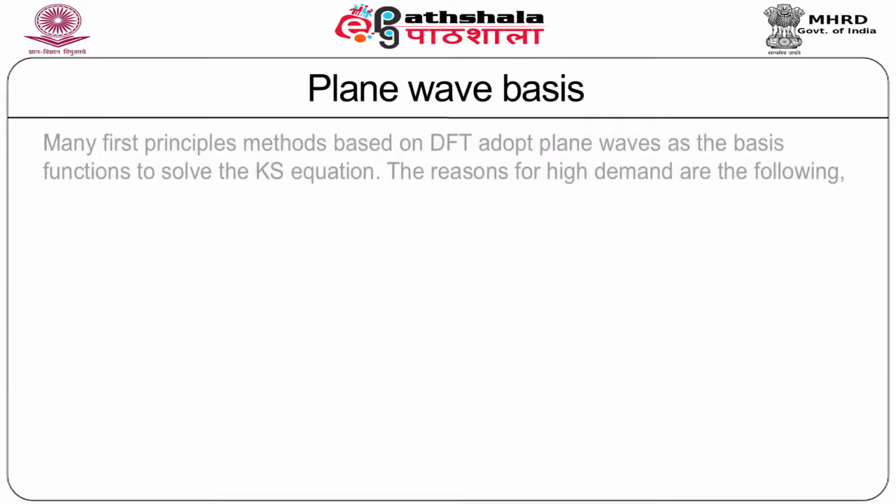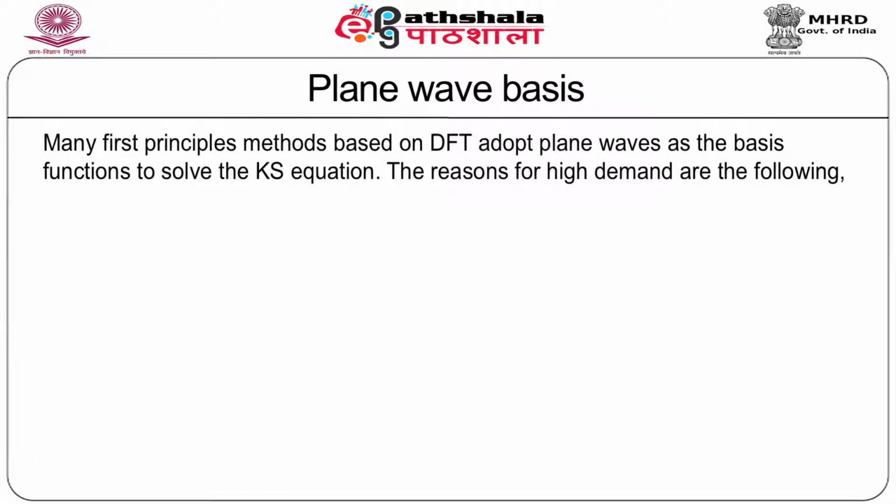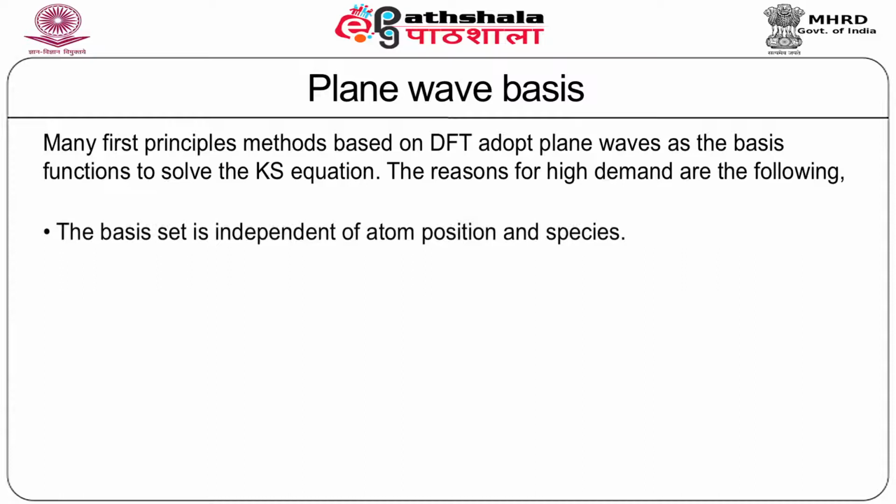Many first principles methods based on density functional theory adopt plane waves as the basis functions to solve the Kohn-Sham equation. The reasons for the high demand for the plane wave basis are the following. Firstly, the basis set is independent of atom position and species.